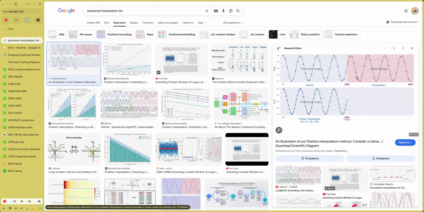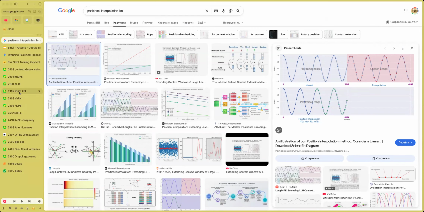So we initially trained on 2K tokens, then we want to do inference, for example, on 4K tokens. We just squish that at 4K tokens. The model thinks what it thought when it was on 2K tokens in training.